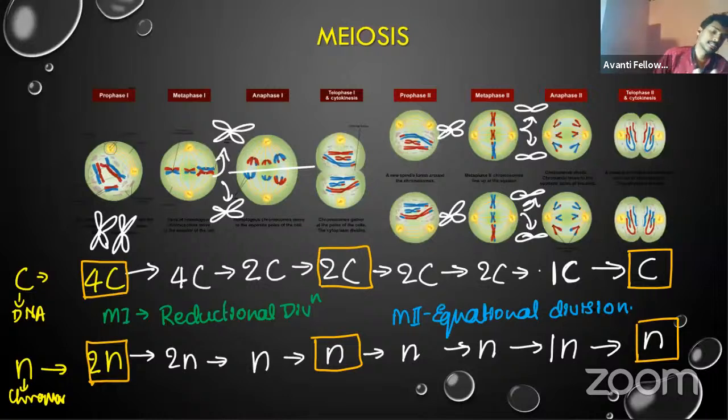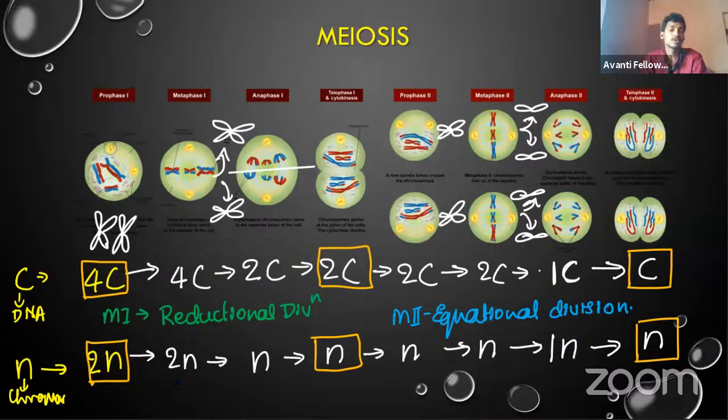Now you guys may ask me, here from 4C to 2C is happening, and from here 2C to 1C is happening, but we called the first a reductional phase. Why are we calling this one the equational phase? Because we majorly consider the names based on the number of chromosomes. That's what was first discovered, right? The chromatin or chromosomes, not the DNA.